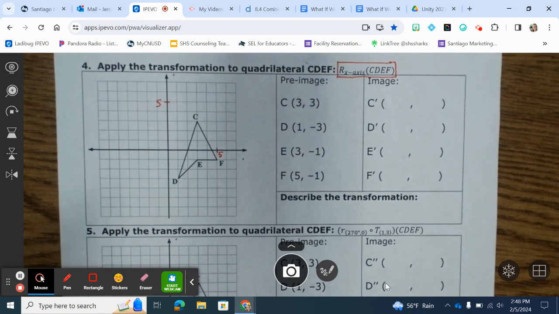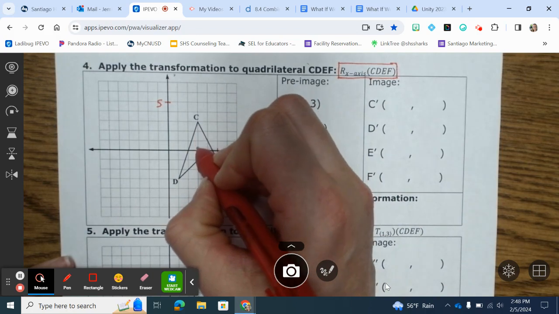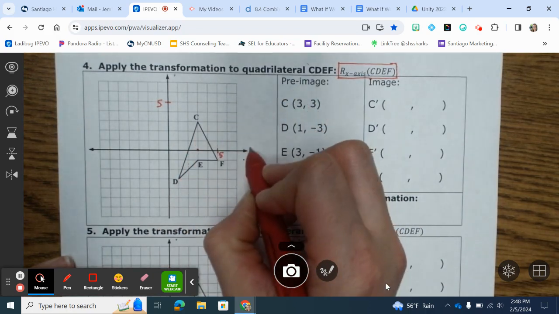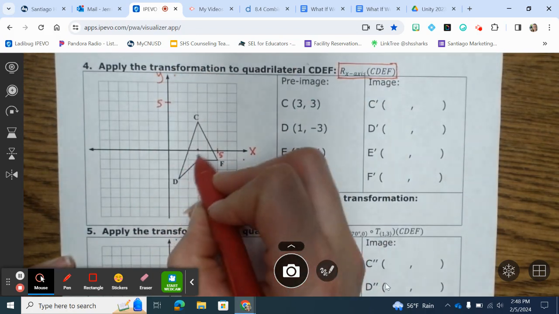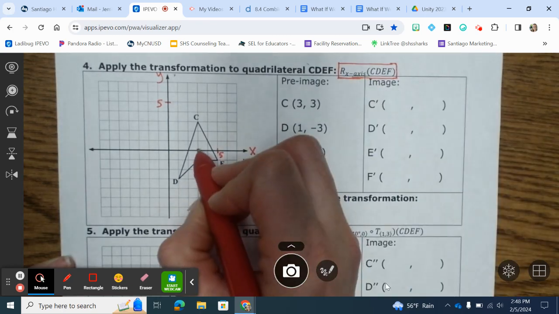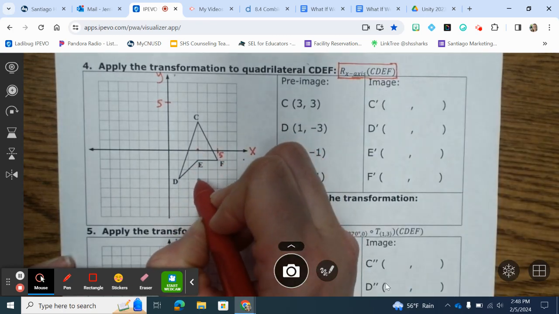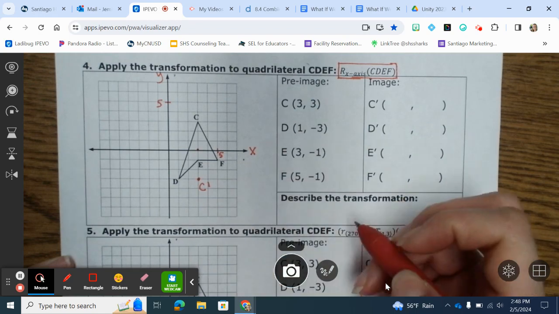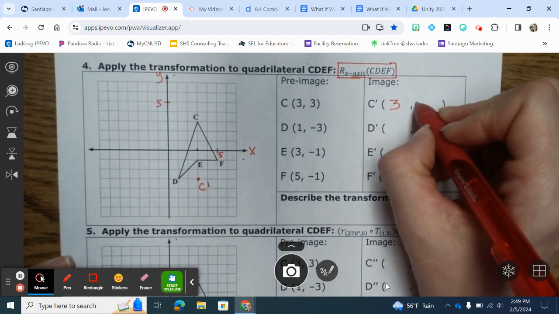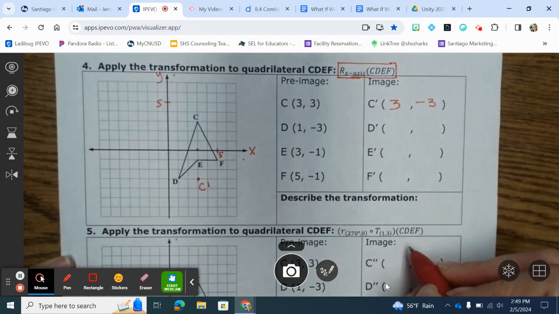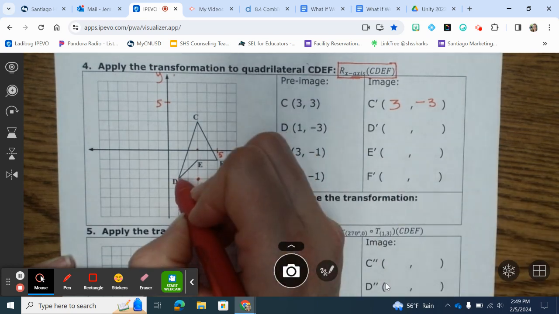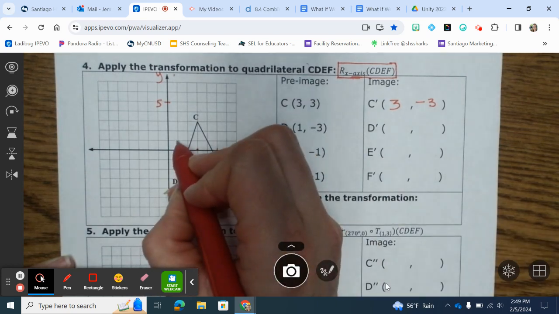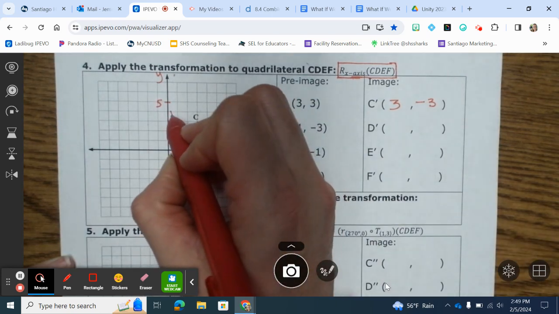So when I want to reflect, I'm just going to duplicate the distance. So C is 3 units from the x-axis, and I'm reflecting across the x-axis, and so I'm going to go 3 units in the other direction to get C prime. D is 3 units from the x-axis, so I'm going to go 3 units in the opposite direction to get D prime.